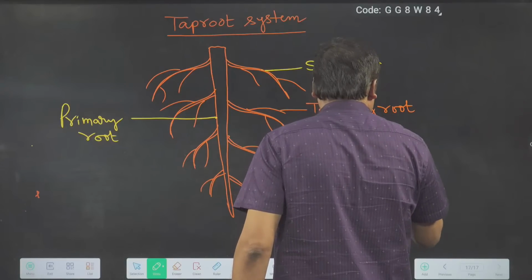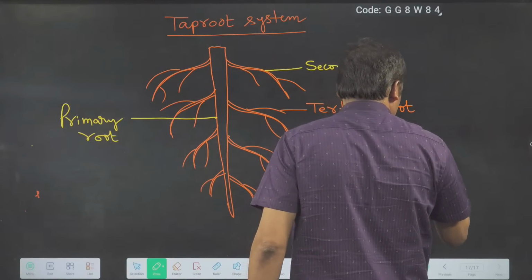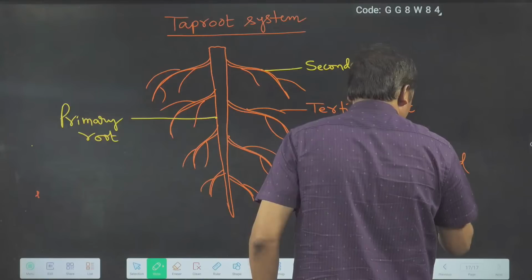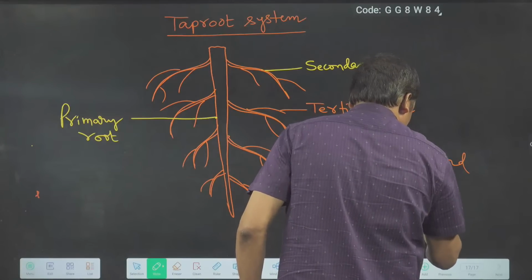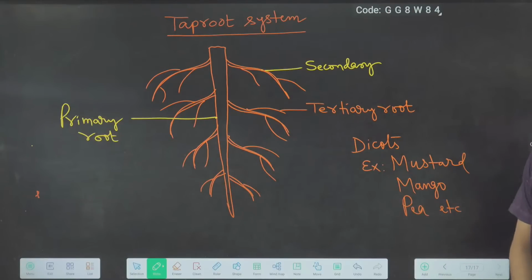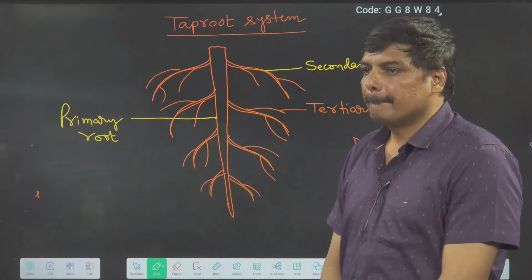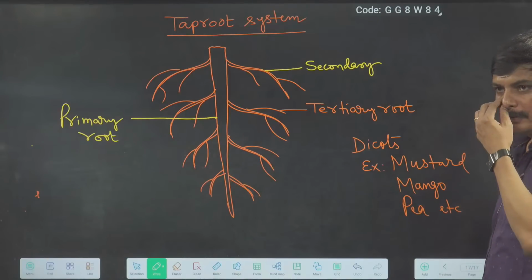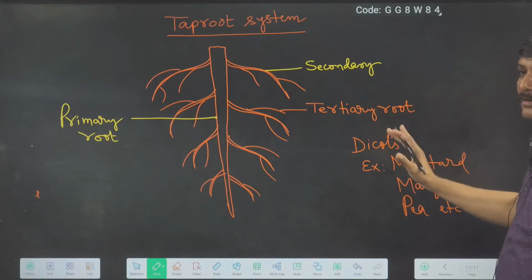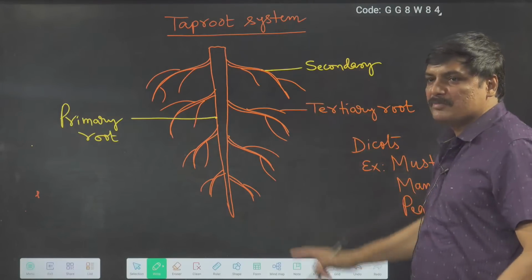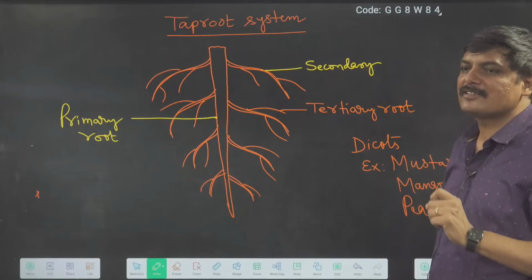Best examples are mustard, mango, pea plant, etc. So this is about tap root system. Tap root system is commonly seen in dicots. It is formed from the radicle of the embryonal axis.